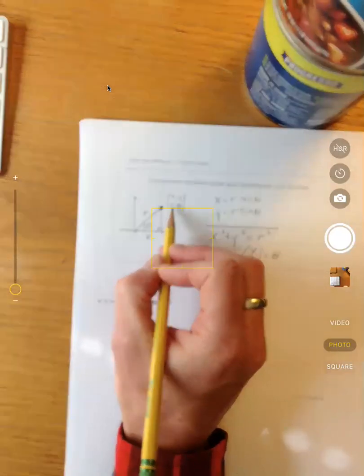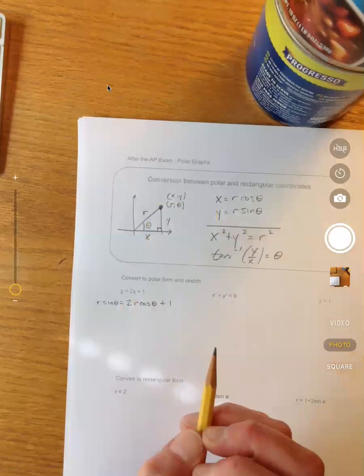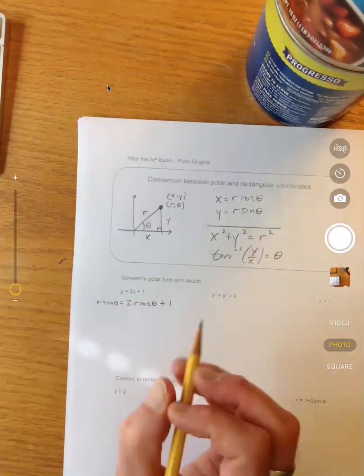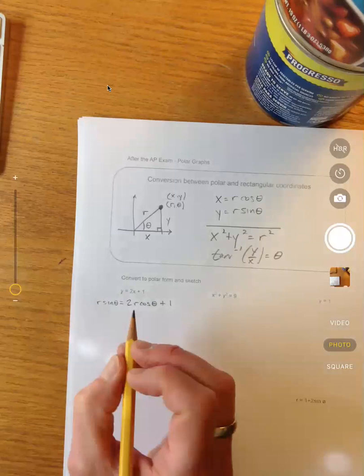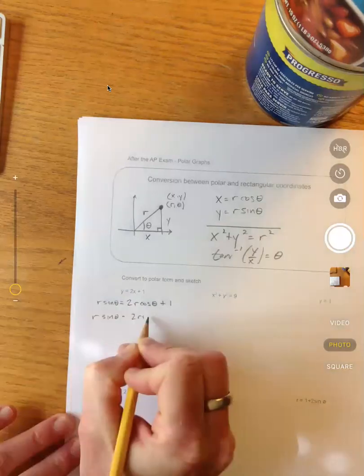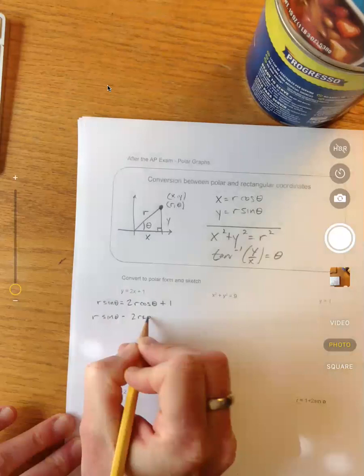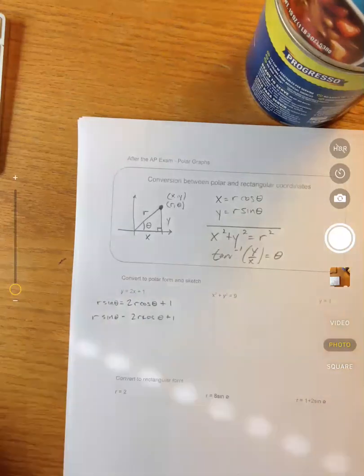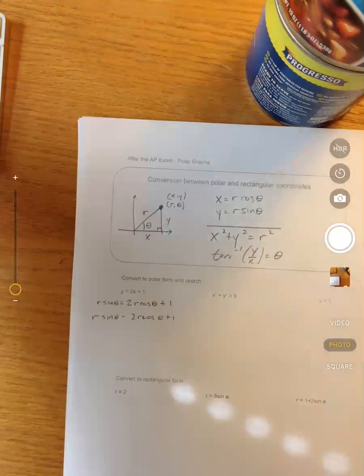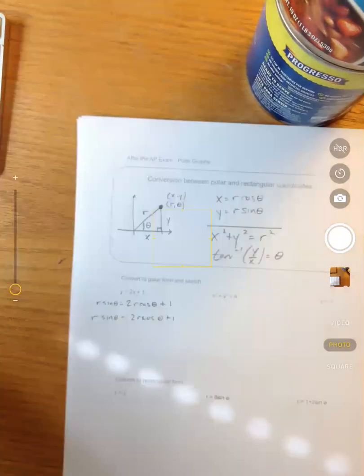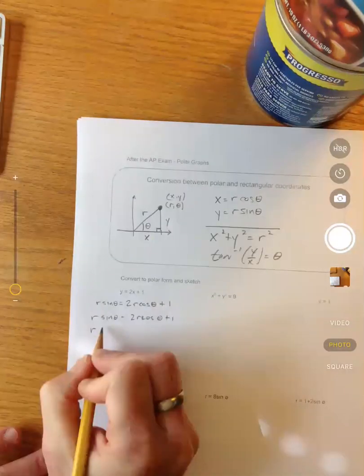But when we write things in polar form, we usually solve for the independent variable, which is r. So I'm going to subtract and get the terms with an r on one side, and I'm going to factor out an r.